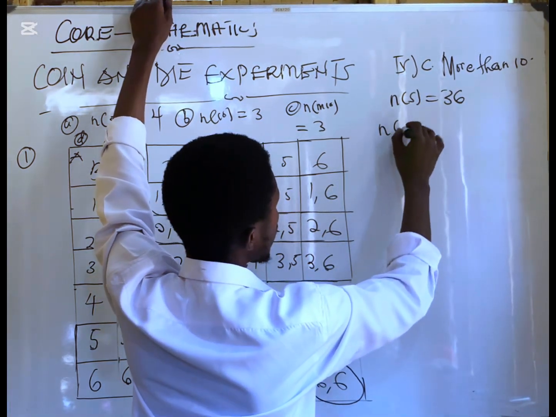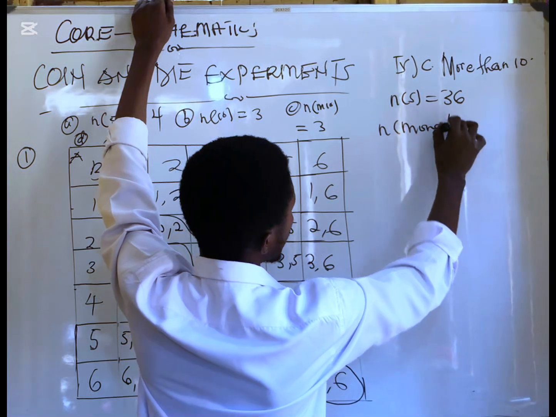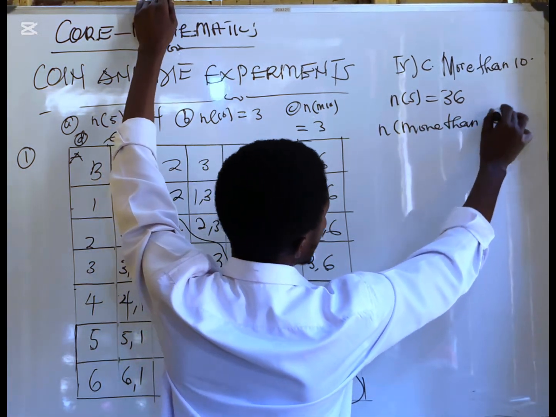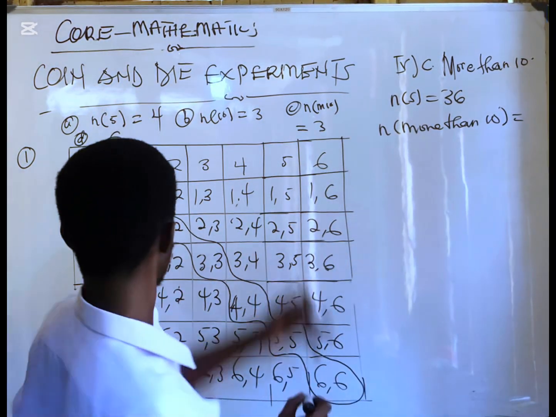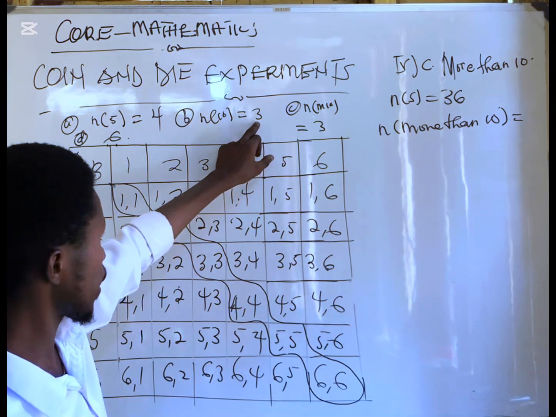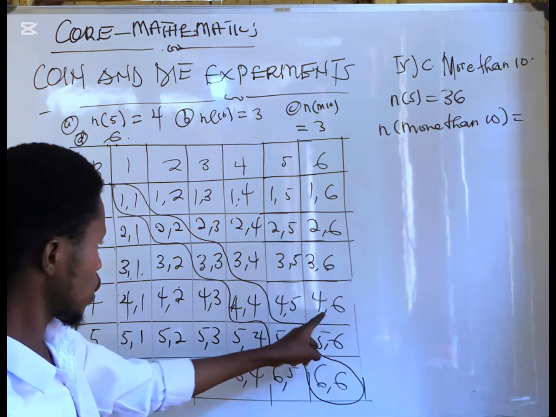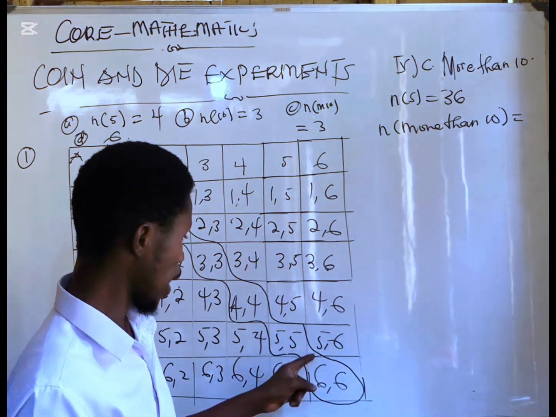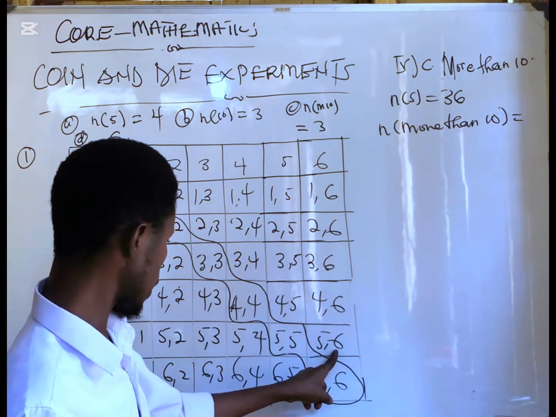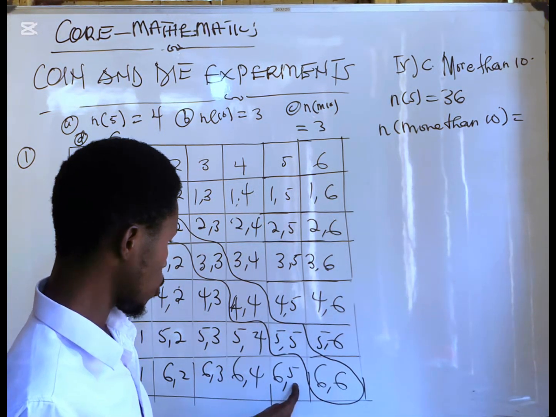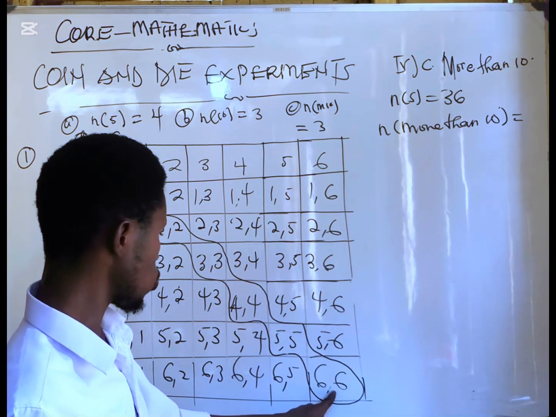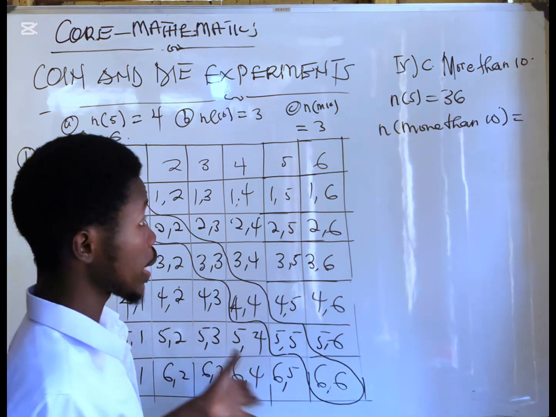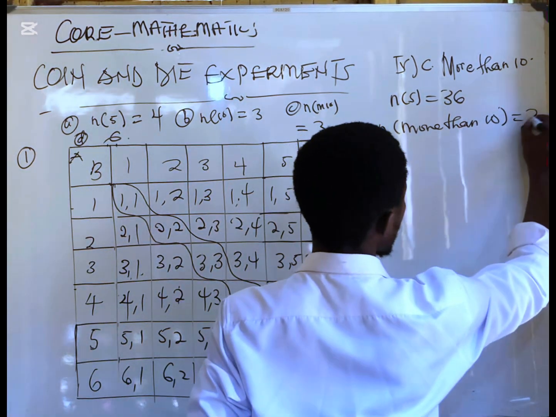Then the number of events of obtaining more than 10 will be what? Already I've done that. That is 3. You can still check numbers that are more than 10 when I add them. So 5 and 6, that will give us 11. 6 and 5 also give us 11. Then 6 and 6, that will give us 12. The remaining will give us 10 or less. So we had only 3.